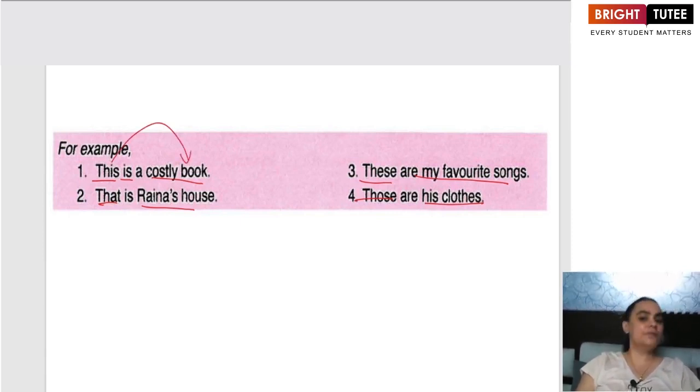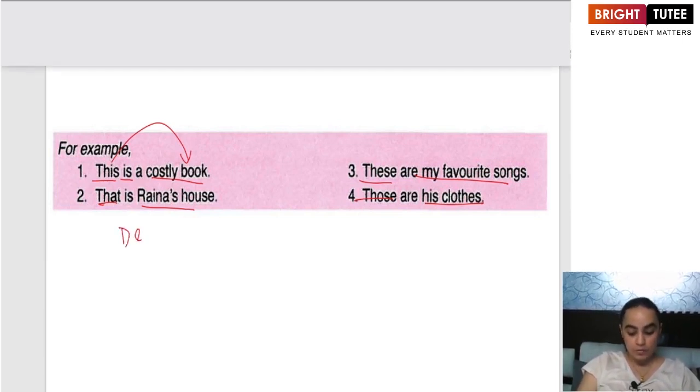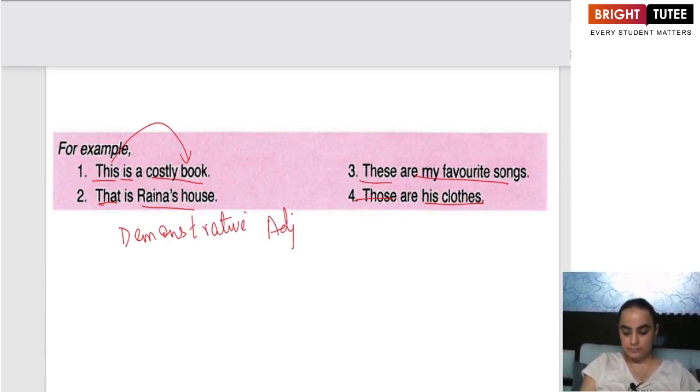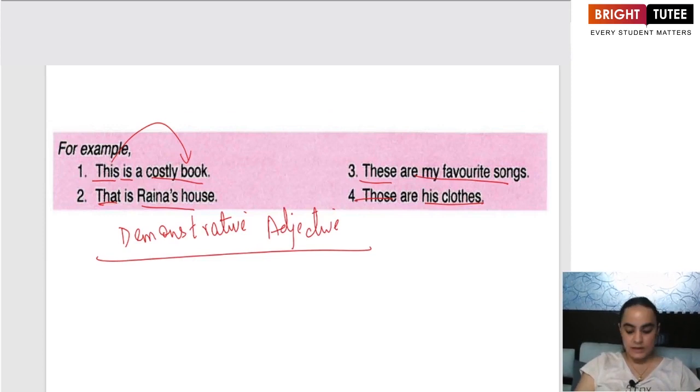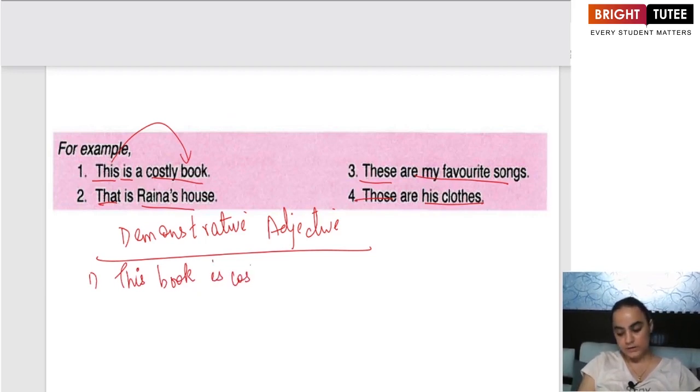Now again, we need to understand the difference between a demonstrative pronoun and a demonstrative adjective. Again, just look at the sentences. This is a costly book. This book is costly. That is Raina's house.